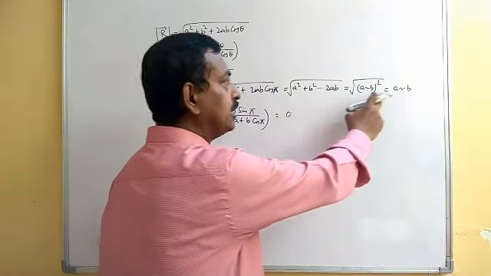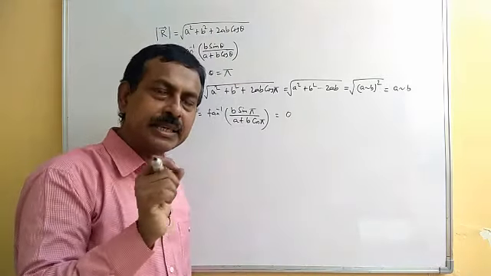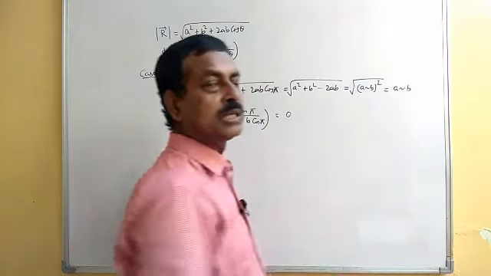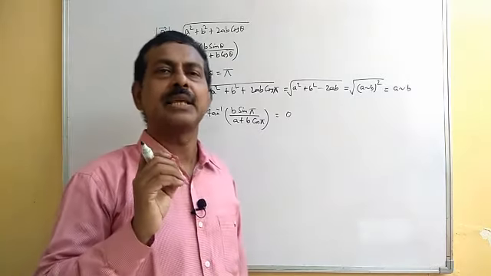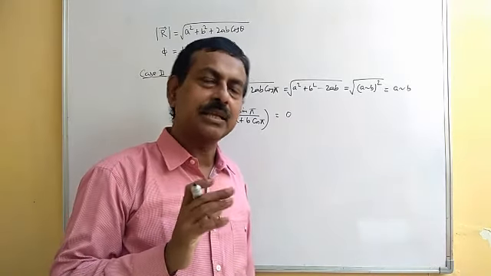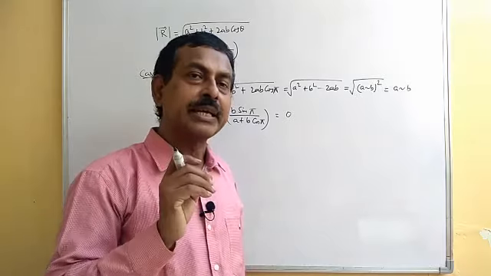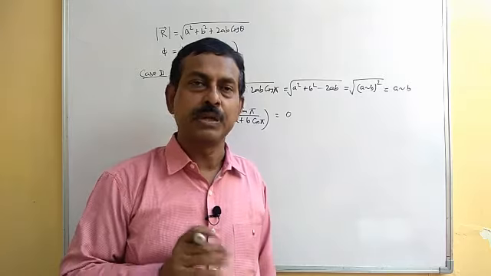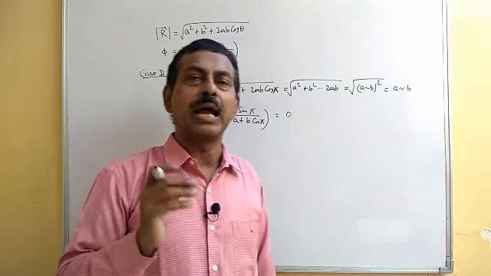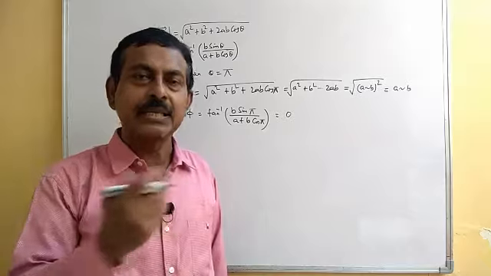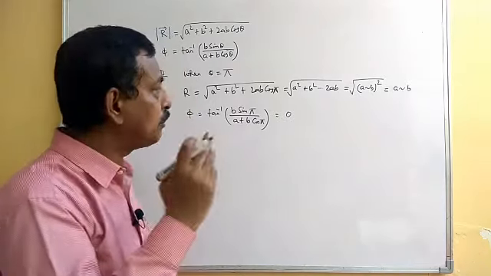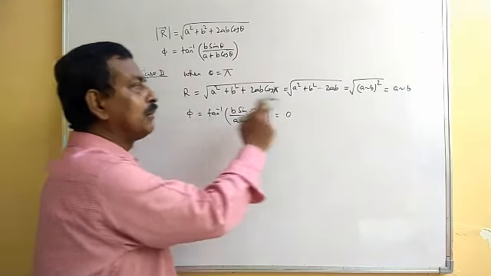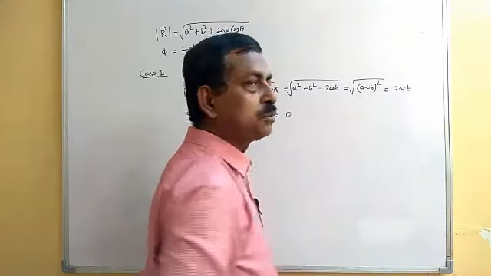We are taking difference. We are not just taking A minus B, because this R represents the magnitude of the resultant. Suppose we take it as A minus B, chances are there that there may be confusion. Suppose A is 3 Newton, it is a force, and B is 4 Newton. They are acting in opposite directions. So if I just substitute in the formula for the magnitude of the resultant, what will I get? It will be A minus B, if we have written that.